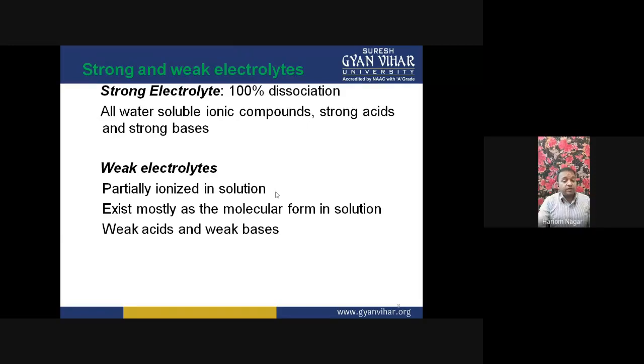In that case, the compound is partially ionized, and this is called a weak electrolyte. All weak acids and weak bases are weak electrolytes, and they exist mostly in molecular form in solution, not in ionic form.